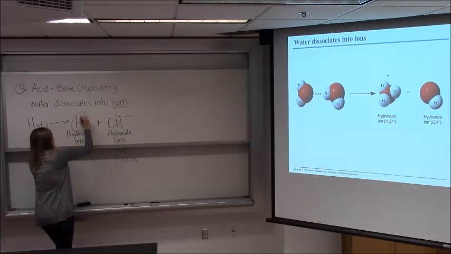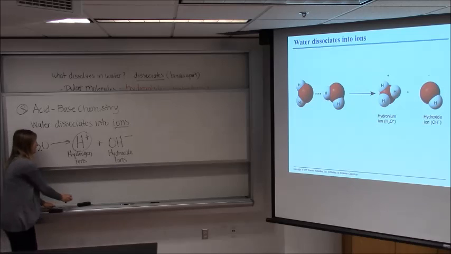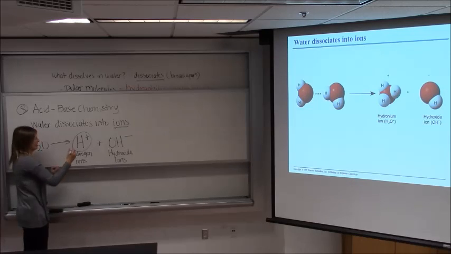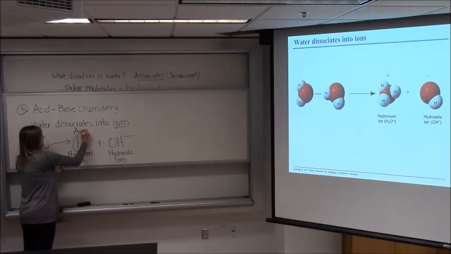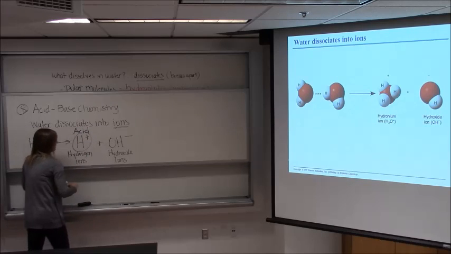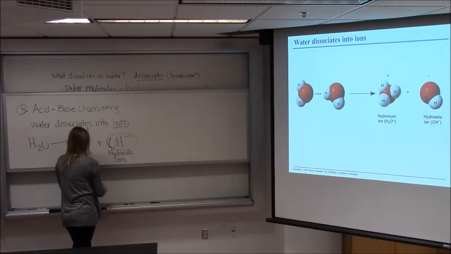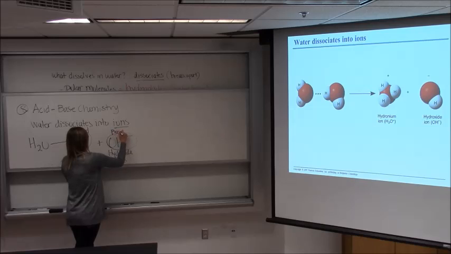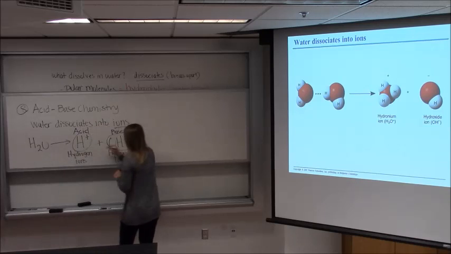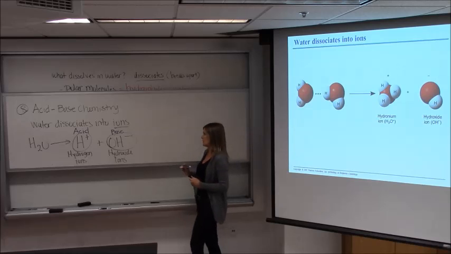Hydrogen ions, when they're free in a solution, are going to make the solution acidic. This is what makes something an acid. Hydroxide ions in a solution are going to make something a base. When these two are equal, it's what we call a neutral solution.